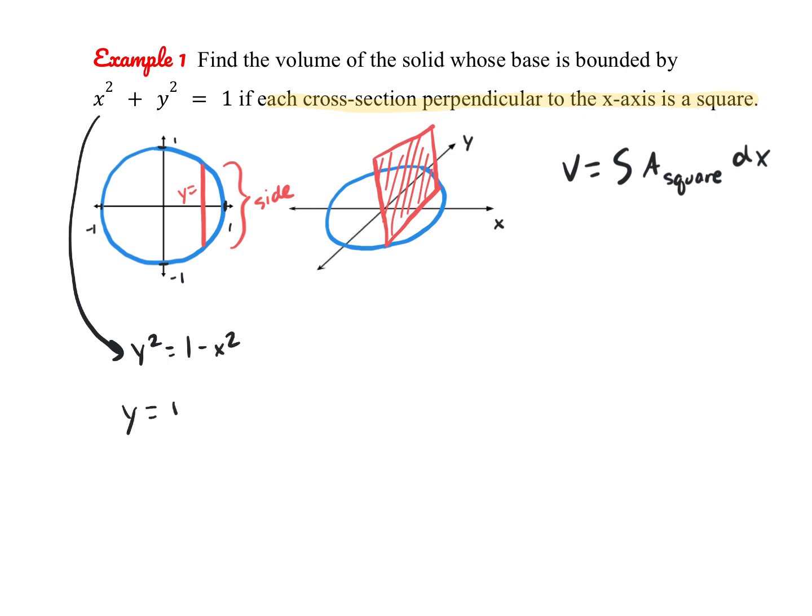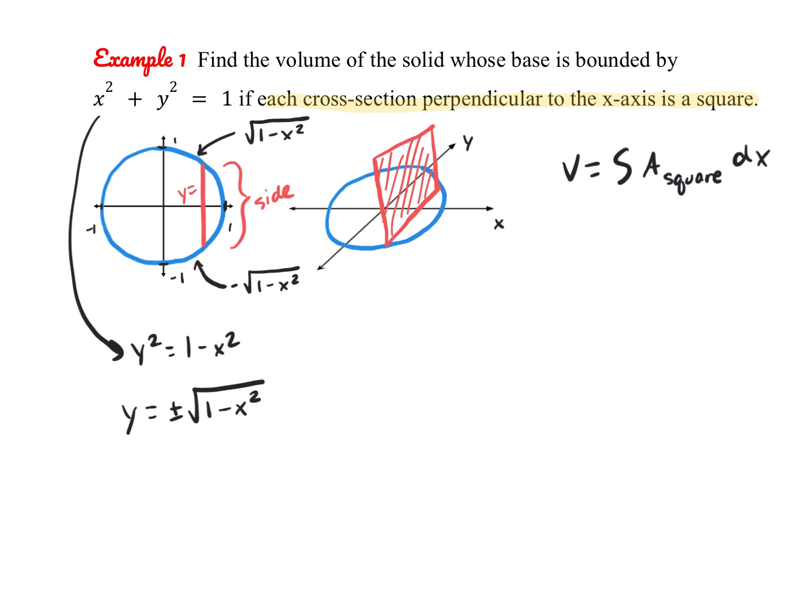So y equals plus or minus square root of 1 minus x squared. So actually, the top half of our circle up here is going to be defined as the positive square root of 1 minus x squared. And the bottom half of our circle here is the negative square root of 1 minus x squared.